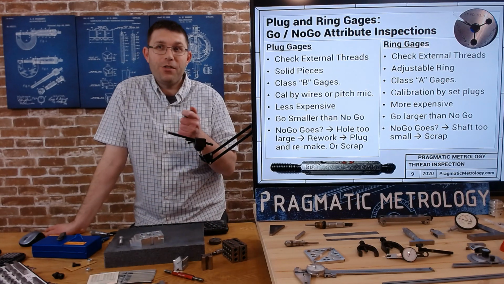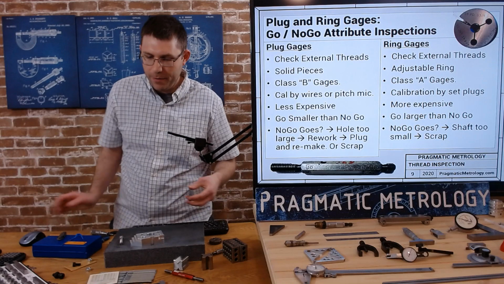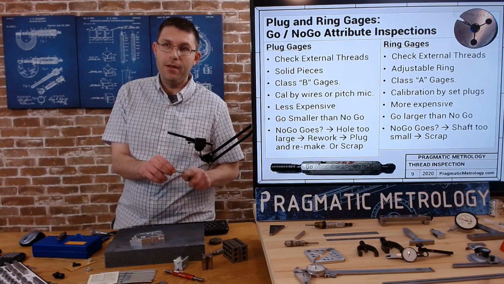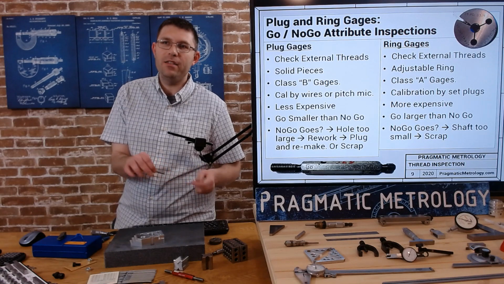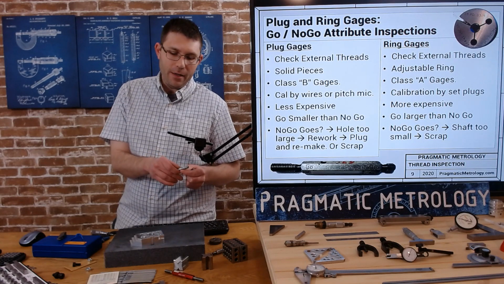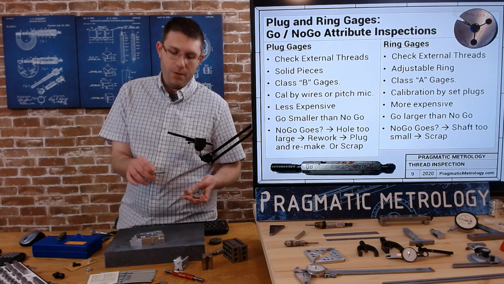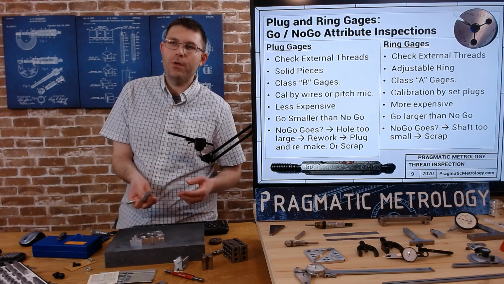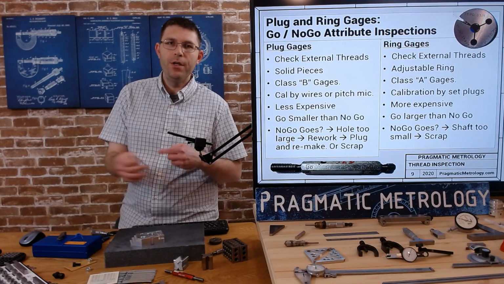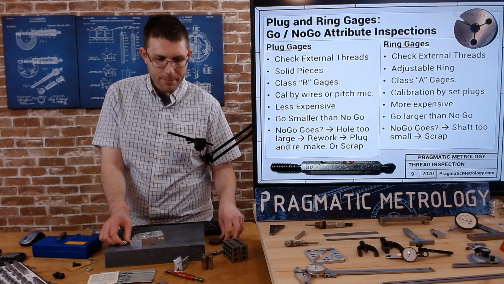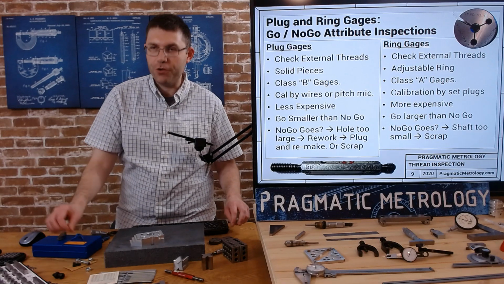But the ring gauges are great because you can check the full length of a shaft very quickly. You can check if there's any pinch points, any high spots, any bends in the shaft. You can check the entire thing. With the other methods we're going to talk about, you really only check one or two spots on the thread and you assume the rest of the thread follows that passing or failing measurement.